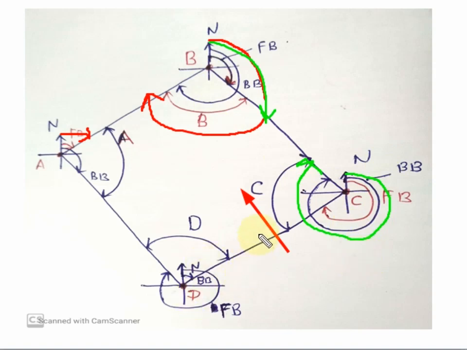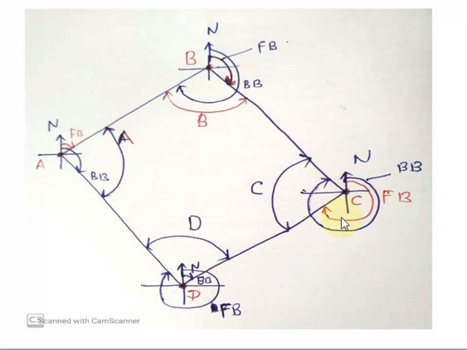Then what is the forward bearing of line CD? Just let me erase this. Okay, CD is, you can see here, from this position north to this line, this is the forward bearing of line CD.